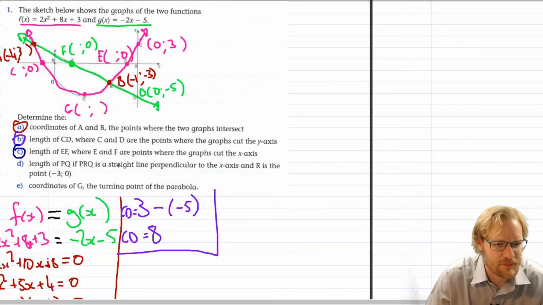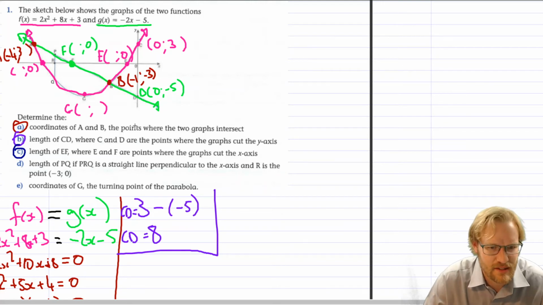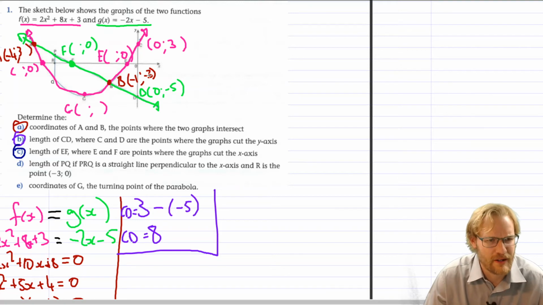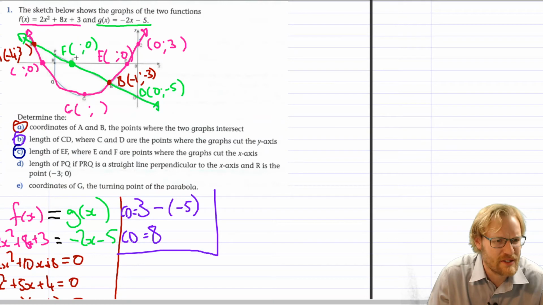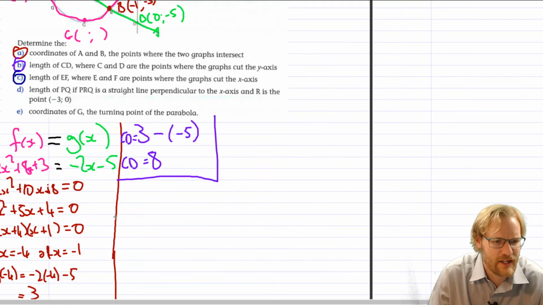Onwards, upwards. Let's move on to C. The length of EF, where E and F are points where the graphs cut the x-axis. Well, we know how to find x-intercepts. We've already familiarized ourselves with what E and F were. Let's start with the straight line, probably going to be easier. So for F, that's what we're trying to work out: y equals minus 2x minus 5.